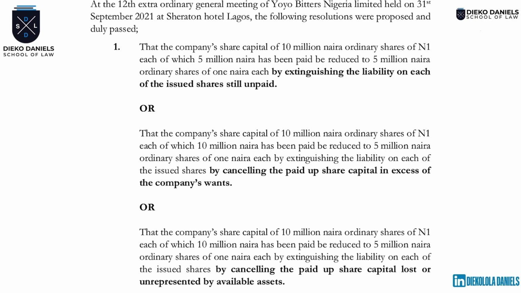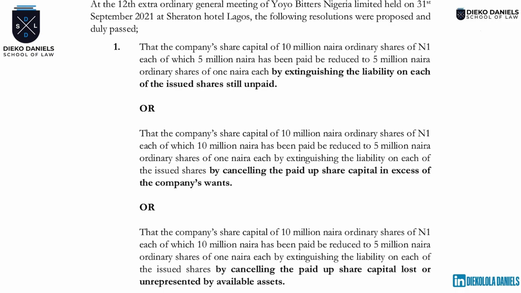Now, what I'm saying here is, because there are three modes or three ways in which share capital can be reduced, if you look at section 131, it says in particular, without prejudice, the company may, look at subsection 2, the company may reduce in any of these three ways.